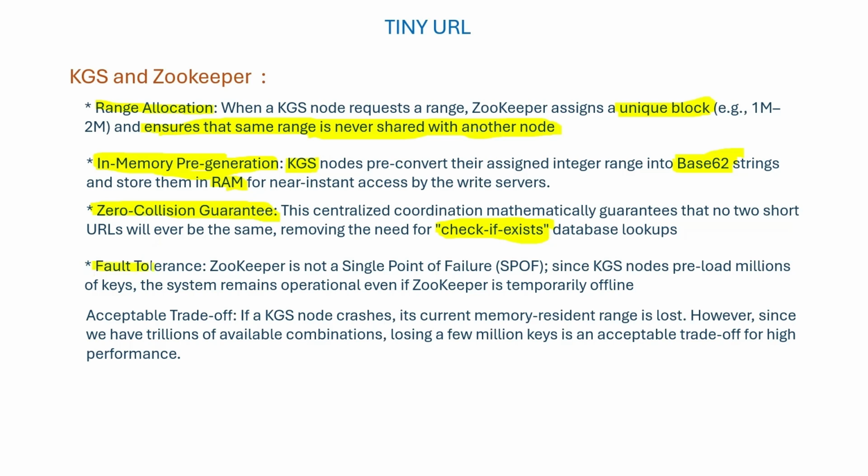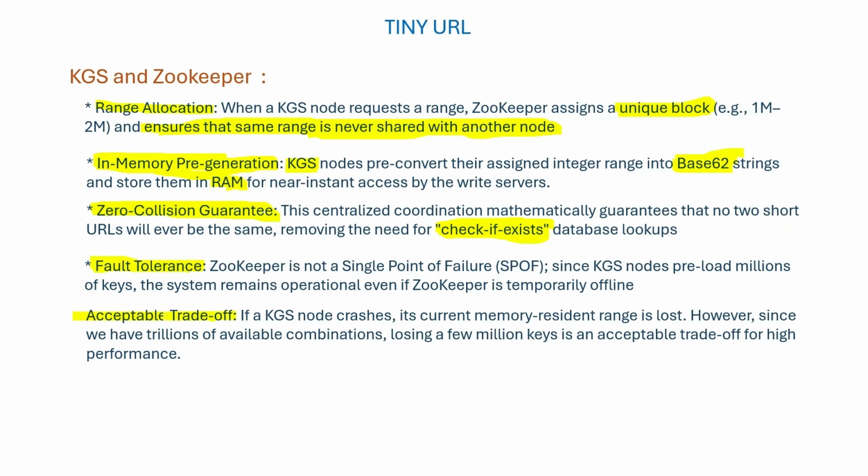As I mentioned earlier, the fault tolerance is good. The zookeeper will not be a single point of failure. As and when zookeeper goes down, KGS will have enough preloaded keys to share with the server before the zookeeper is operational.